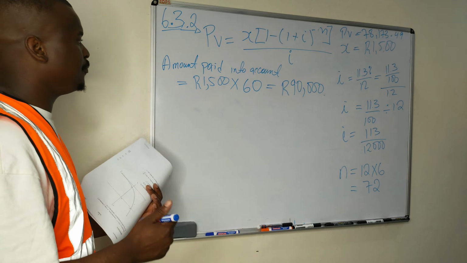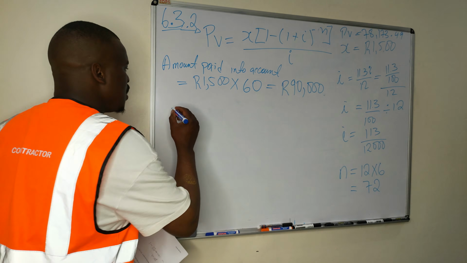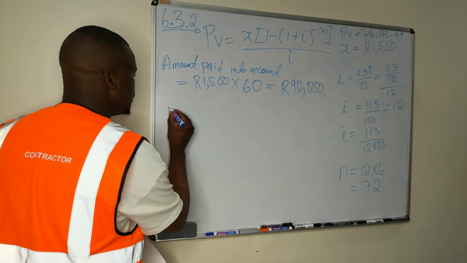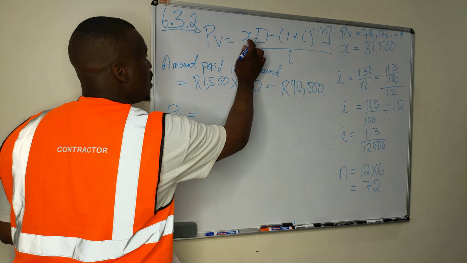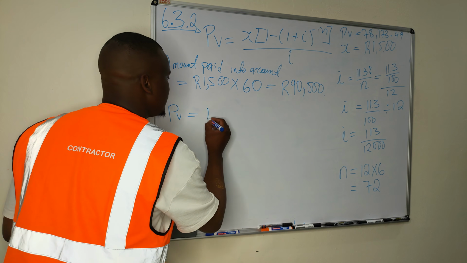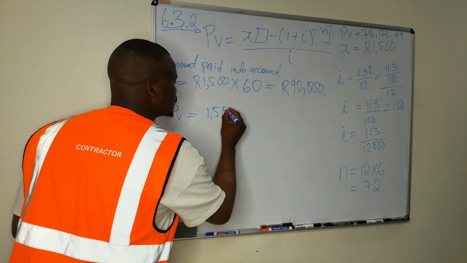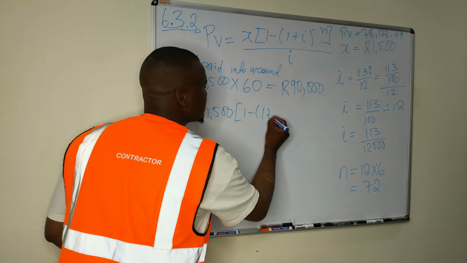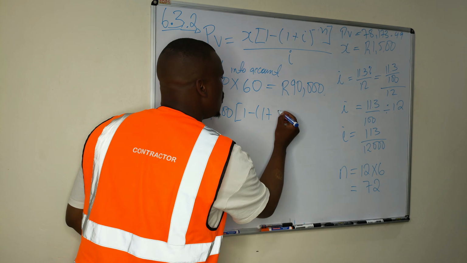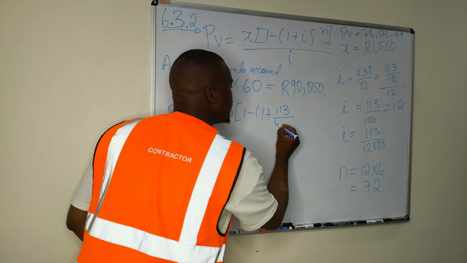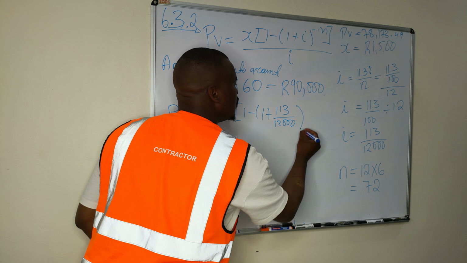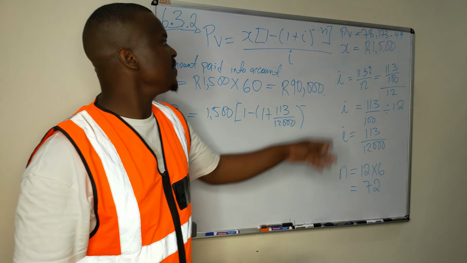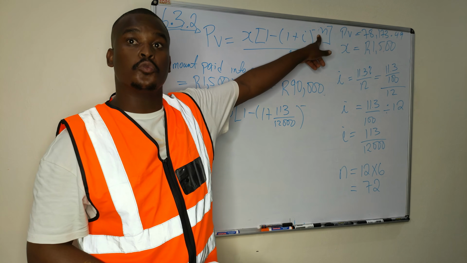So to find the balance of the loan, you say, okay, the present value of the loan is equal to X, which is our 1,500, times 1 minus 1 plus i, our i is 113 over 12,000, all raised to the negative n. So what is your n there? n is the remaining duration of the loan.